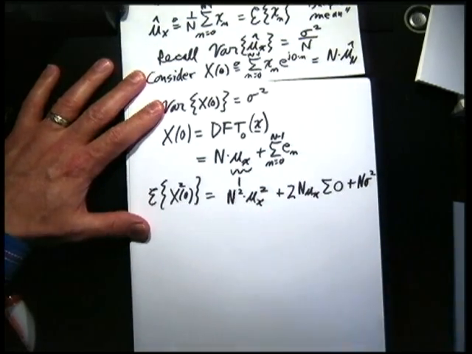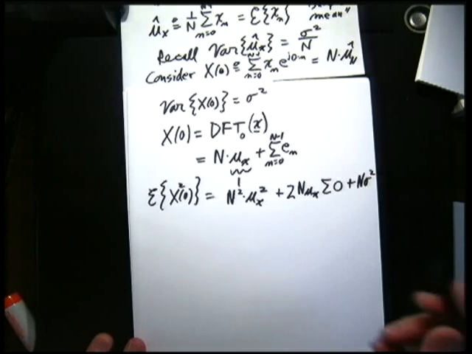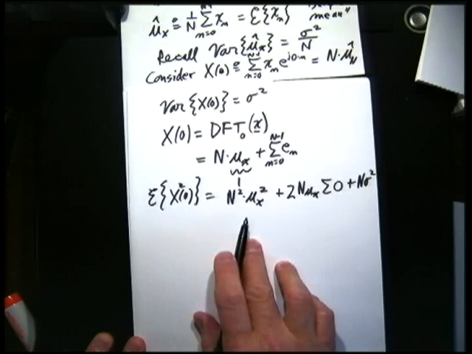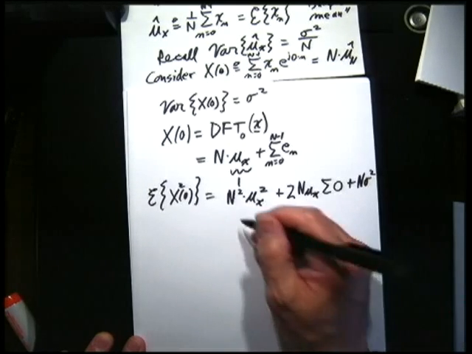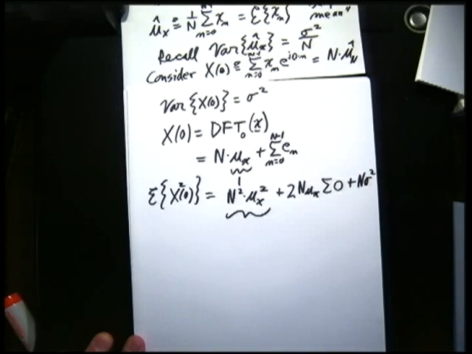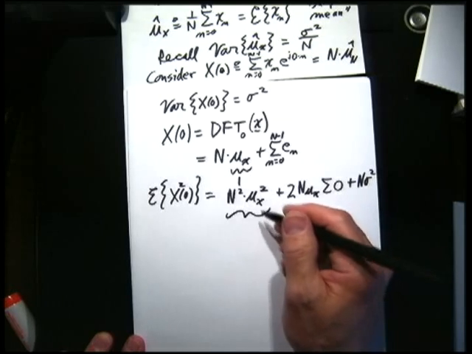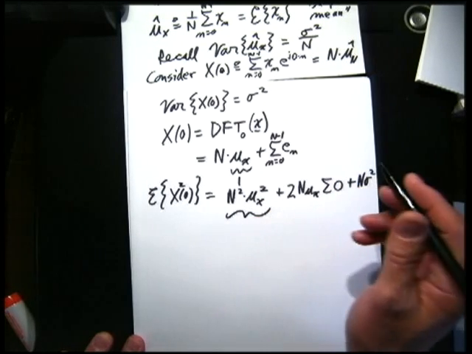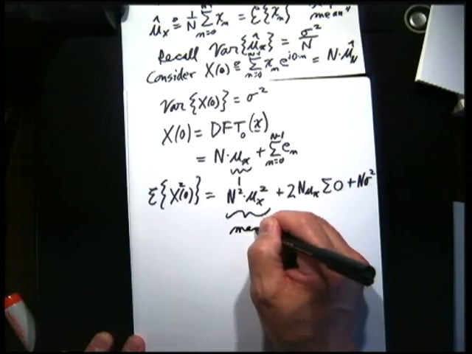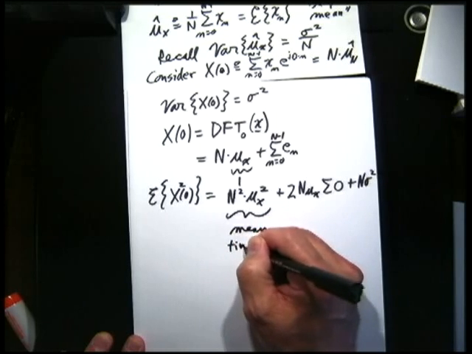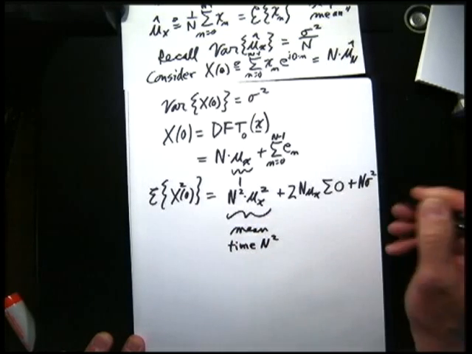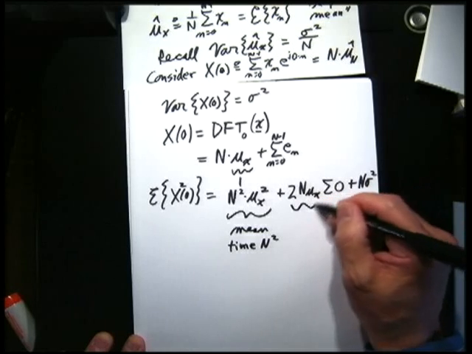So as you get longer and longer FFTs, your mean is getting multiplied by n squared, whereas this is just 0.